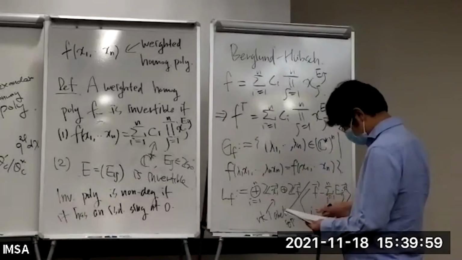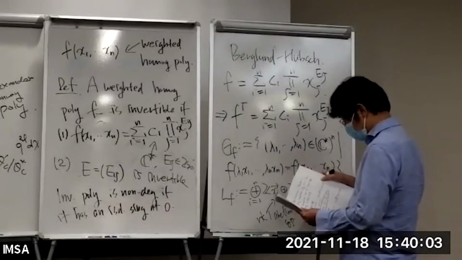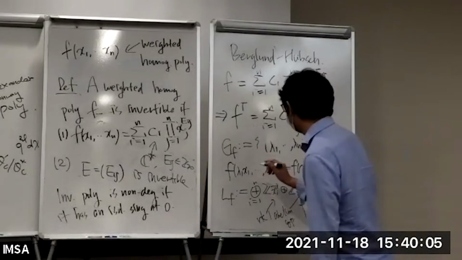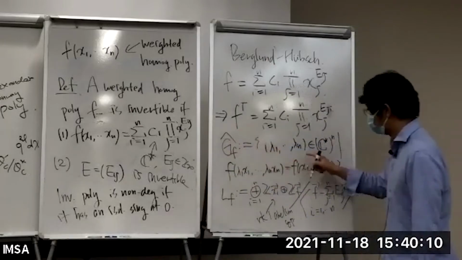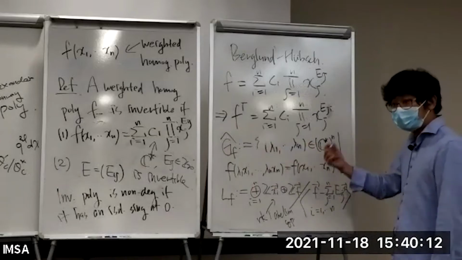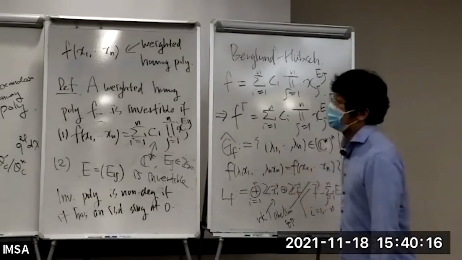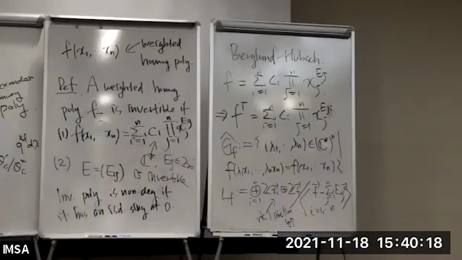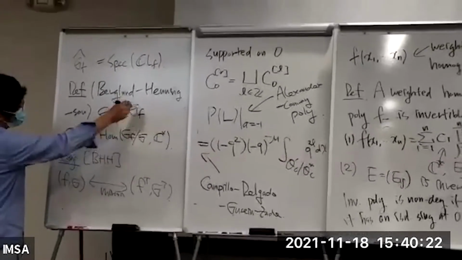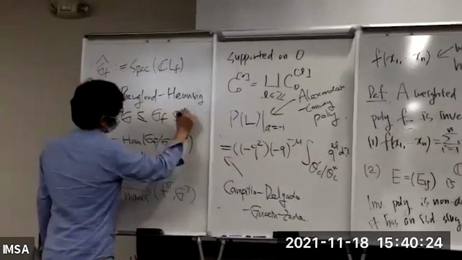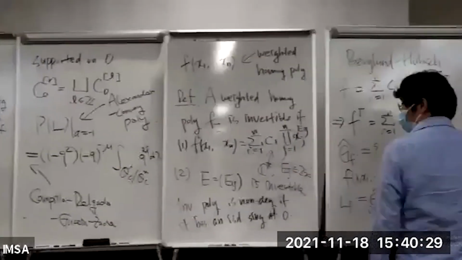Sorry, I think I wrote something wrong. This G hat is the group action preserving this polynomial, and G is a subgroup of G hat such that all these terms are one.